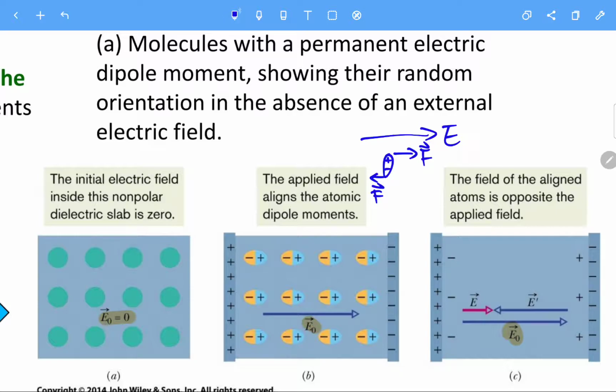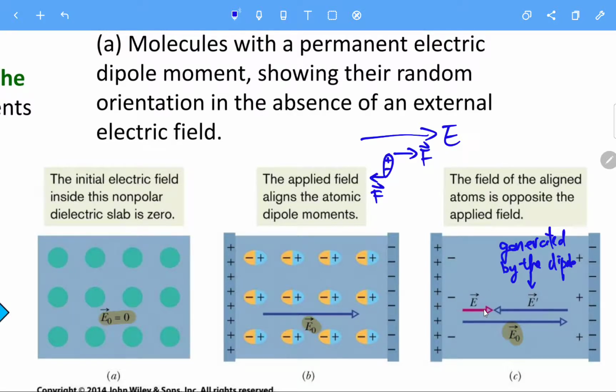This E prime is generated by the dipole. As long as they point in the same direction, the E field generated by all these dipoles will add up together. And as long as the right side is the positive side and the left side is the negative charge, the E field generated by this one will point to the left side and cancel part of the E0.